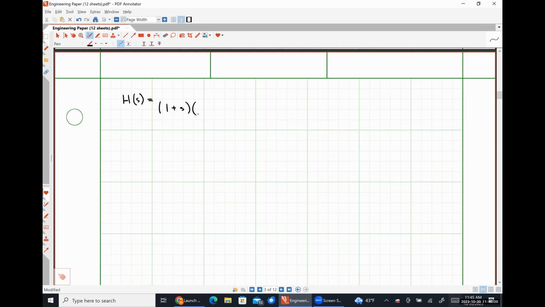Let's say in my denominator that I have a factor of 1 plus s, and then I'm going to have s squared plus, let's say, 10s plus 10,000.